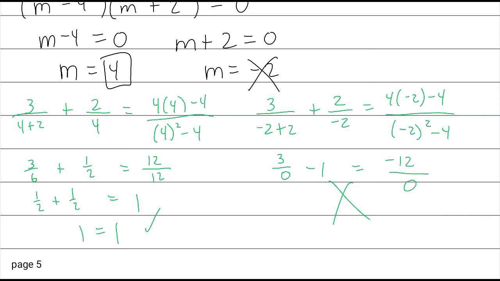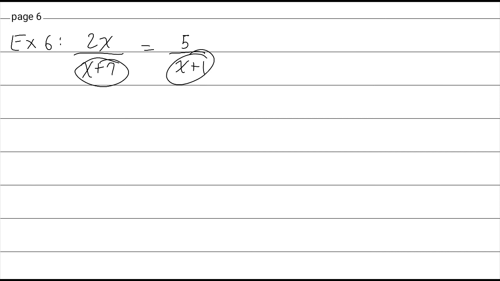All right, let's do two more examples. 2x over x plus 7 equals 5 over x plus 1. Okay, at least this one looks a little bit nicer here. I have two denominators, so I'm going to multiply both sides by x plus 7, x plus 1.